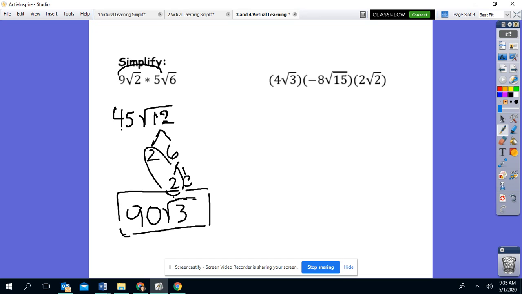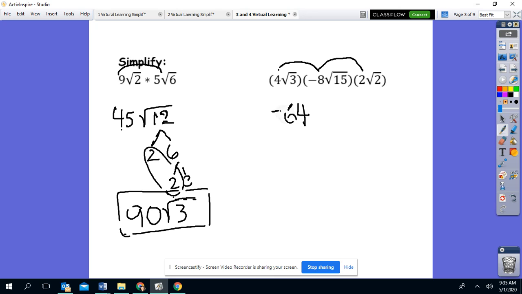Now this one has 3 radical expressions. That means we just multiply all 3 outsides times each other, and we multiply all 3 insides times each other. So 4 times negative 8 is negative 32, and negative 32 times 2 gives me negative 64.